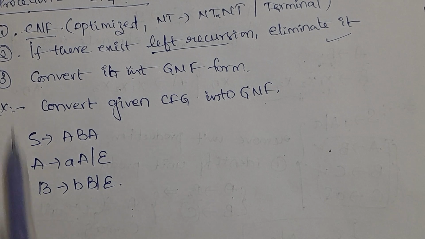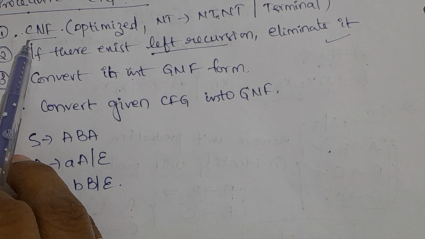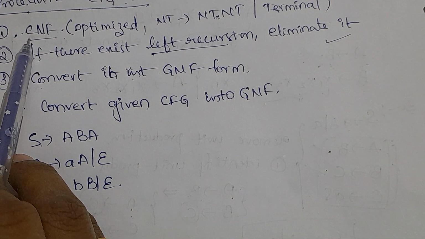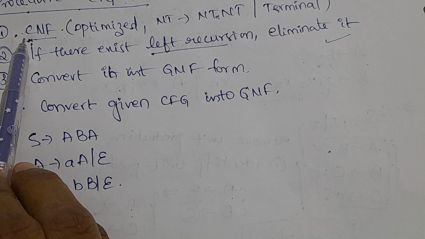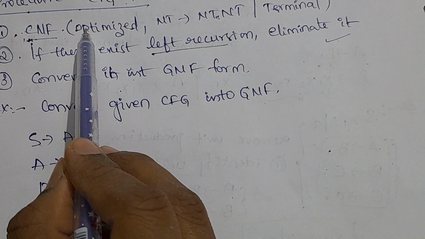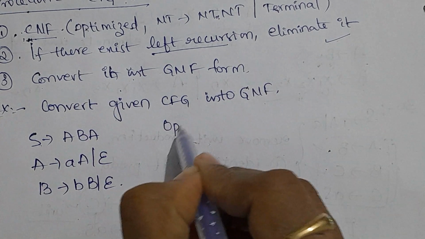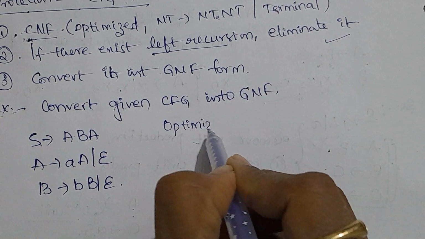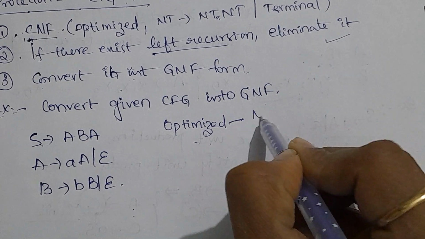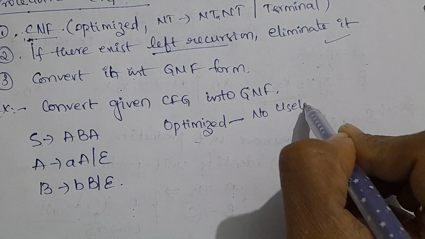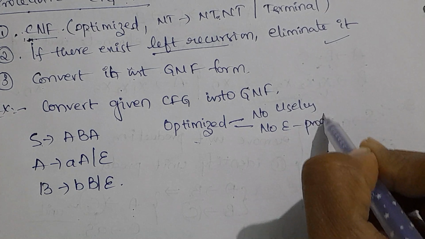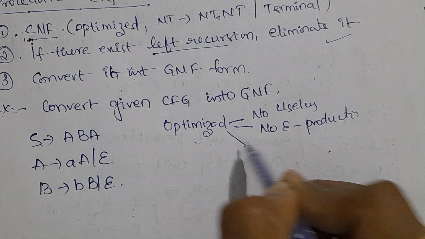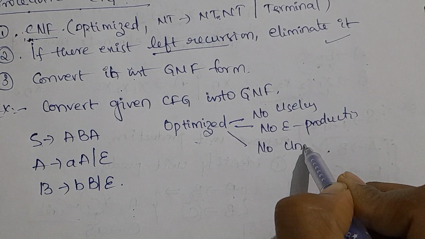First and foremost, we need to make sure that each and every production is in the form of CNF. First of all, the grammar should be optimized. That means it should have no useless symbols, no epsilon productions, and no unit productions, right?